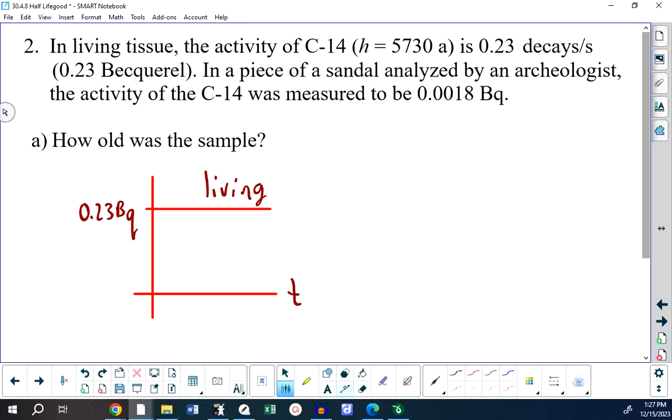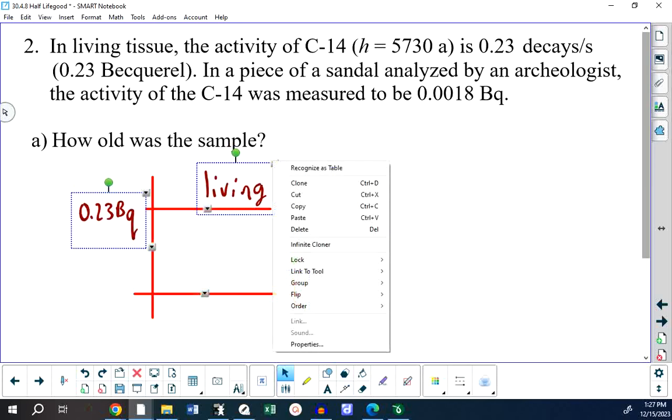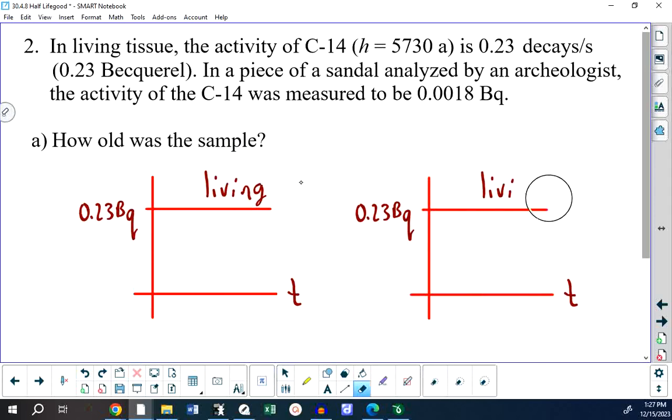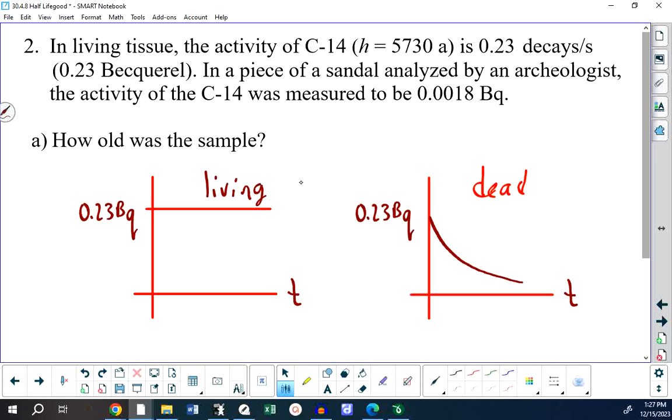As soon as you have a dead organism, it looks like that.